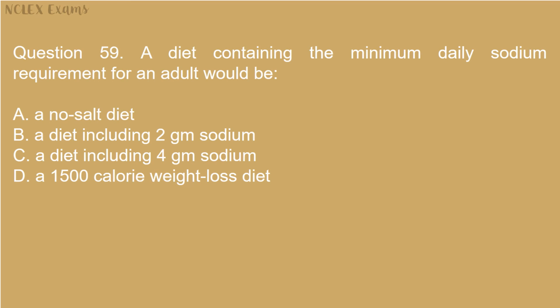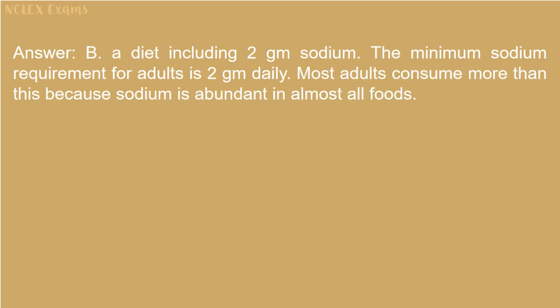D. A 1,500 calorie weight loss diet. Answer B. A diet including 2 grams sodium. The minimum sodium requirement for adults is 2 grams daily. Most adults consume more than this because sodium is abundant in almost all foods.